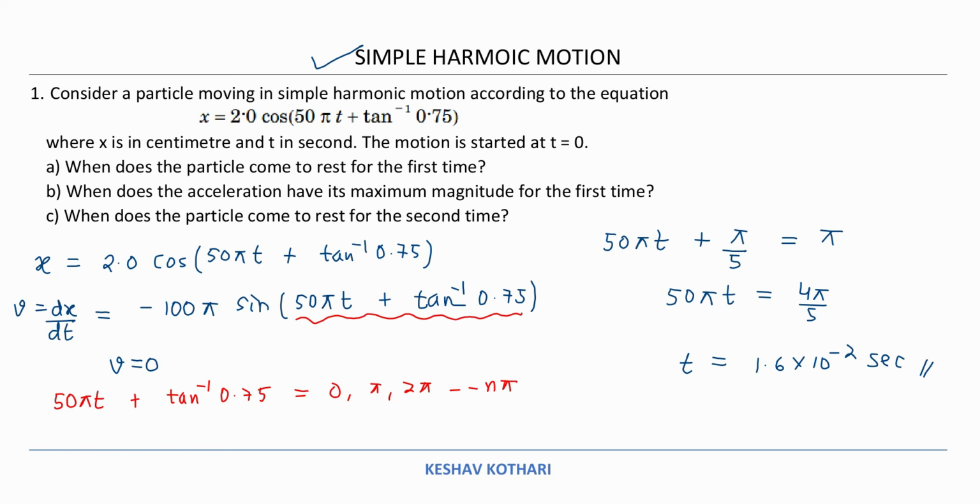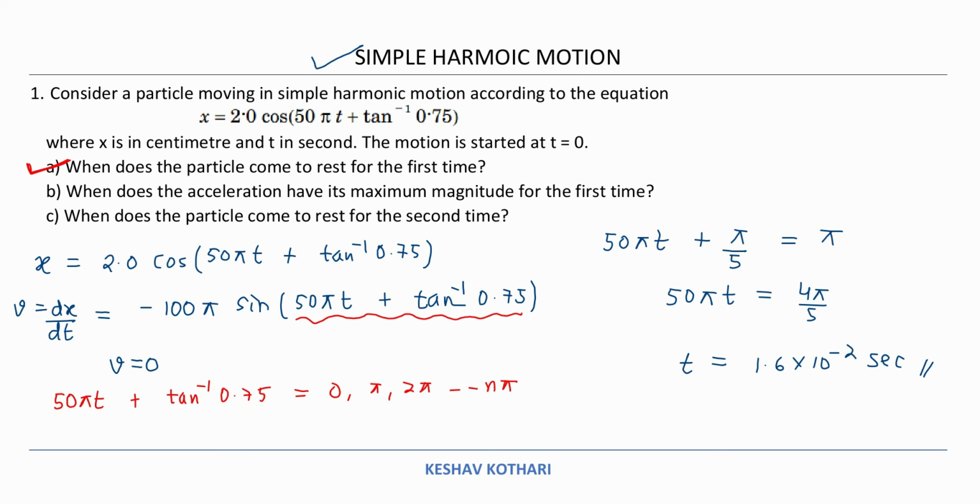When the particle is coming to rest, it means that the particle has attained its extreme position. So for the first answer we have calculated the time when the particle reaches its extreme position, which is equal to 1.6 into 10 to the power minus 2 second.